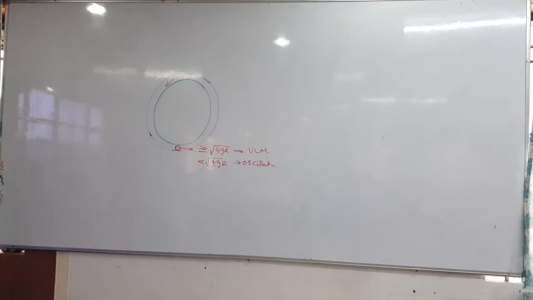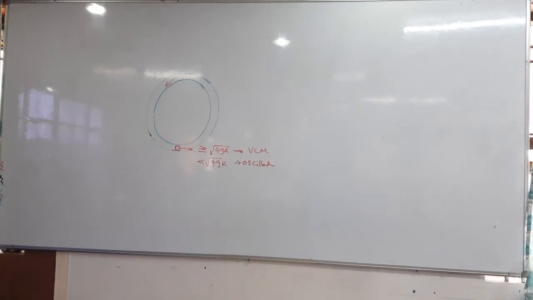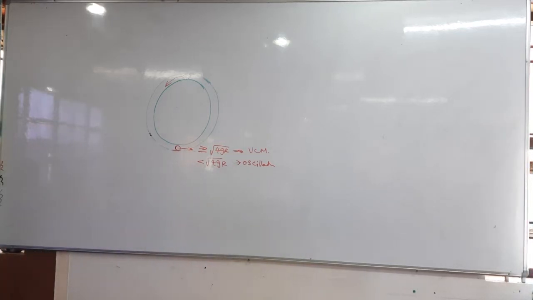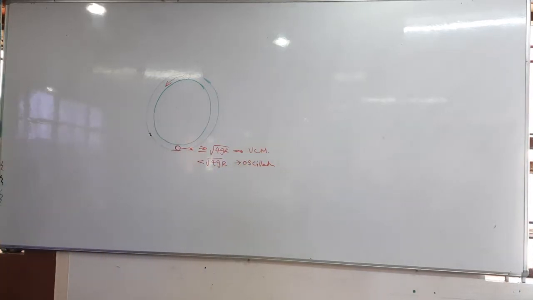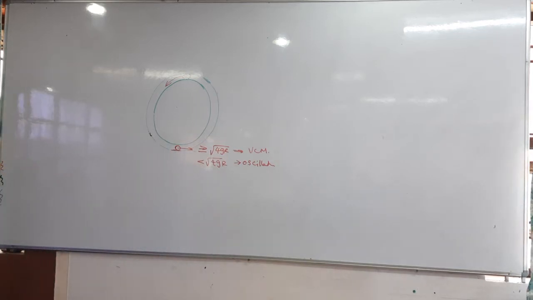By root 4gr velocity at point A, the particle can just reach point C, then automatically it will fall to the other side of the tube, so that it completes VCM.